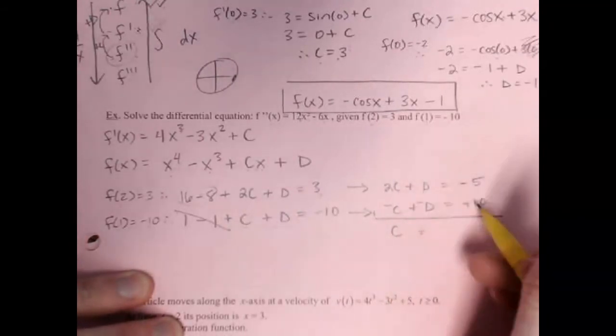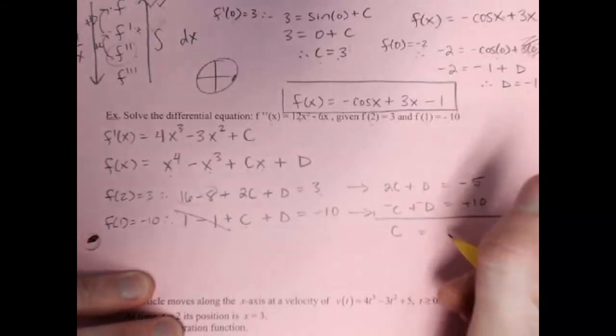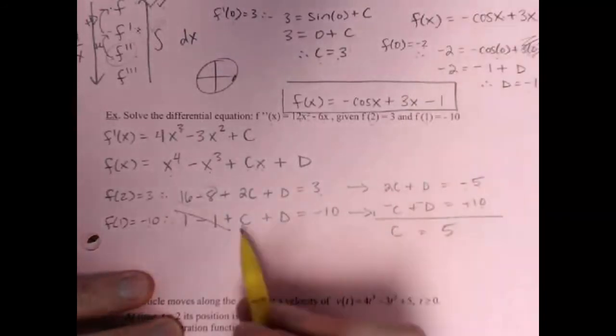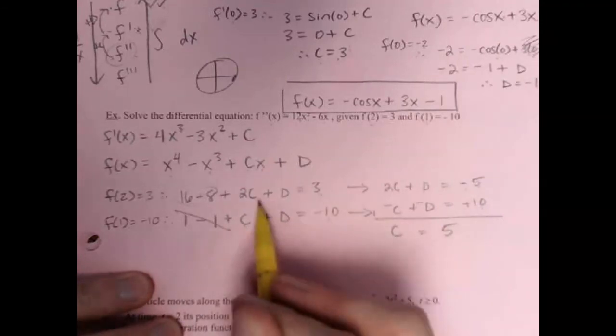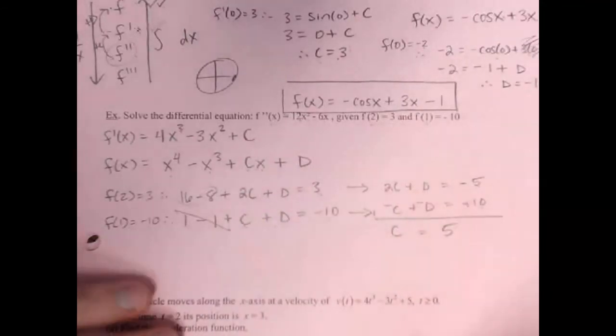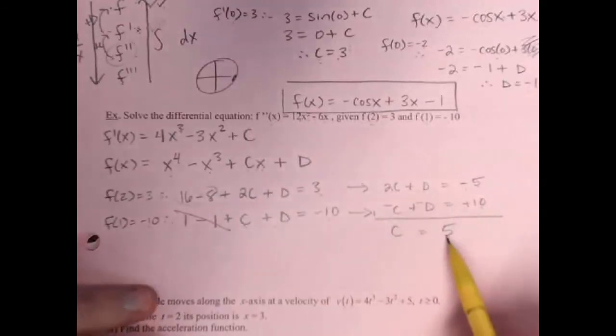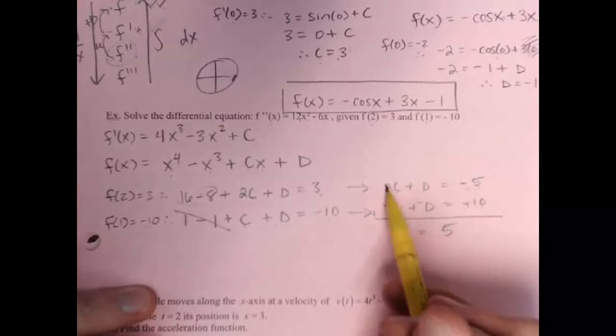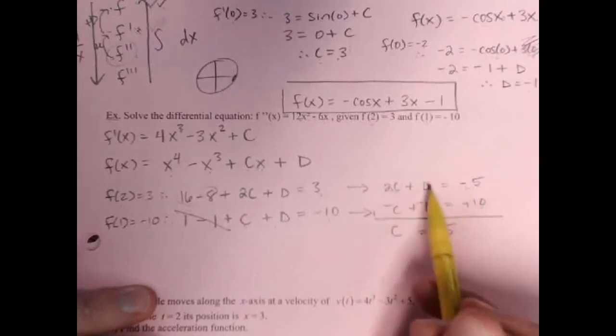And then I had a negative 5 plus 10. Ooh, so look at that. c value is 5. Come back in, and you could plug it in. c plus d equals negative 10, or you could do the 2c plus d equals negative 5. Let's see, if I plug it in here, that'd be 10 plus d is equal to negative 5. So if that's 10, and the answer is negative 5, that means d has to be negative 15.